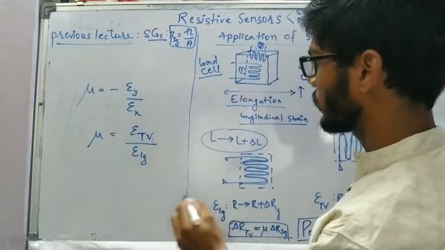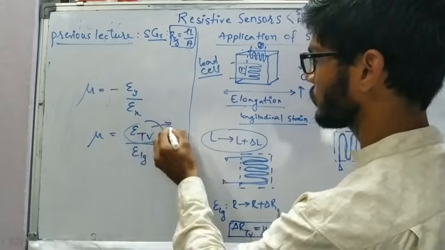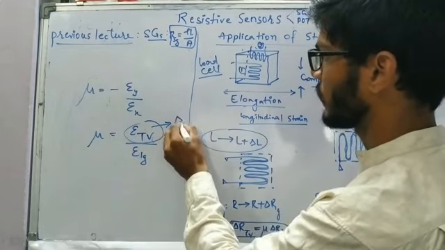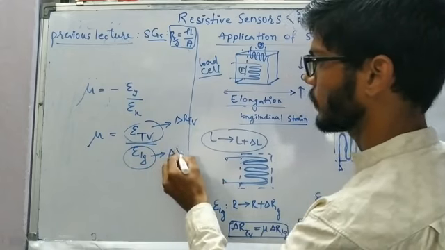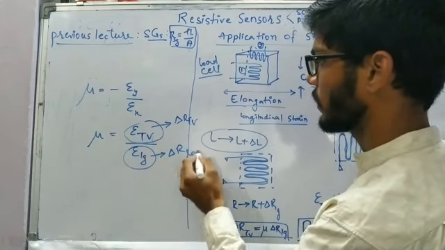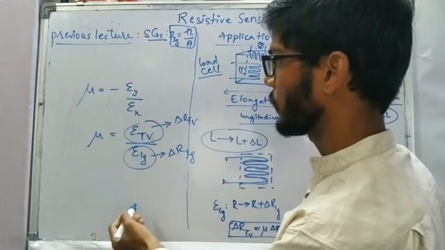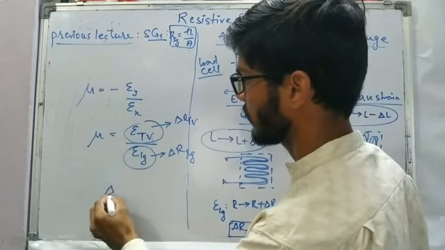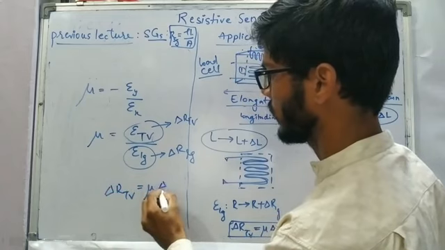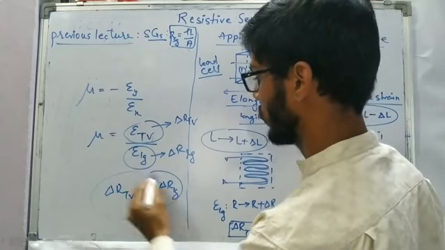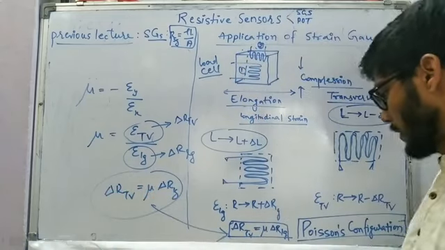So due to the transverse strain, we are going to have delta R transverse, and due to the longitudinal strain, we are going to have delta R longitudinal. Using this expression, we can write delta R transverse as mu times delta R longitudinal. So that's what I have written here.